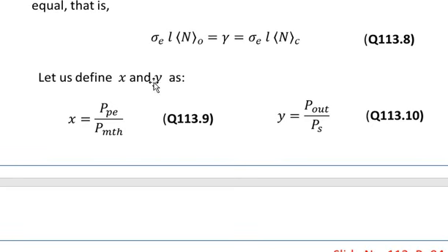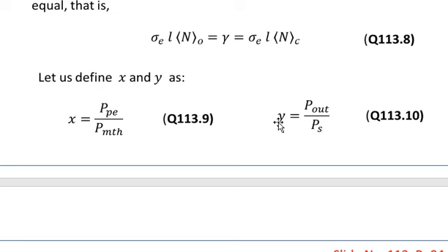So let's define x and y for this problem. X is equal to PP over PM threshold, where PM threshold is the minimum threshold pump value, and PP is the electrical power to the pump.